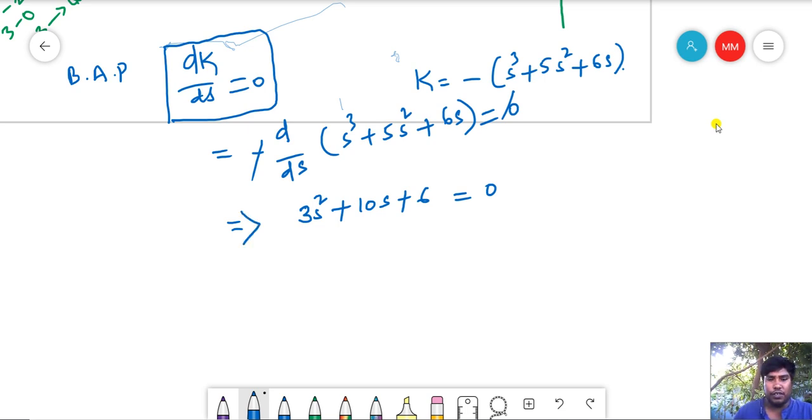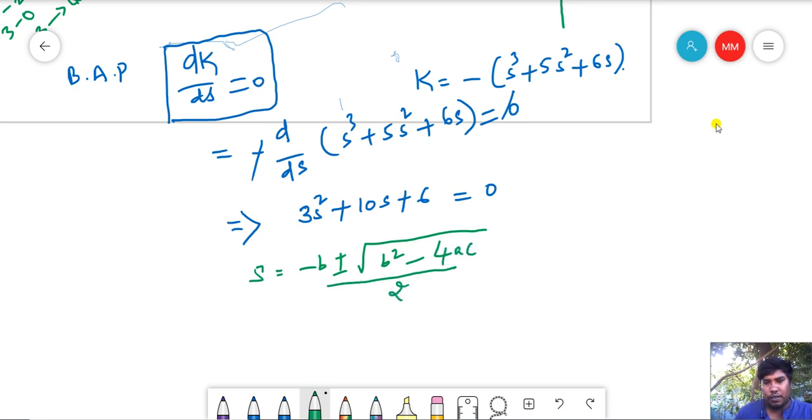Find the roots for this one. Okay, so let us find the roots for this one. s is equal to, by the formula, minus b plus or minus square root of b square minus 4ac, divided by 2a.